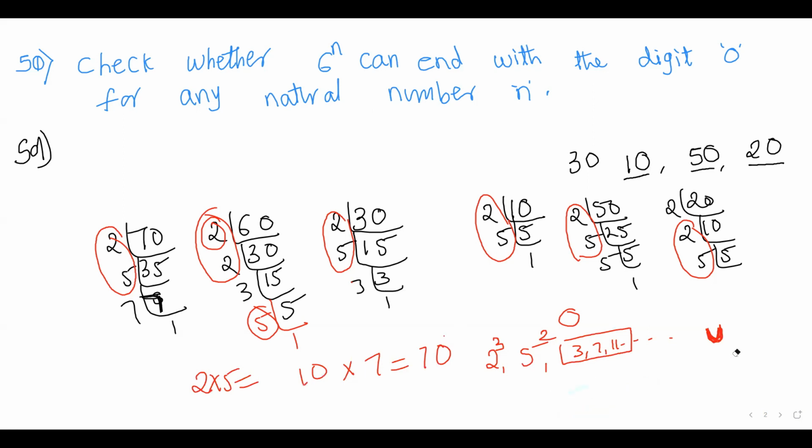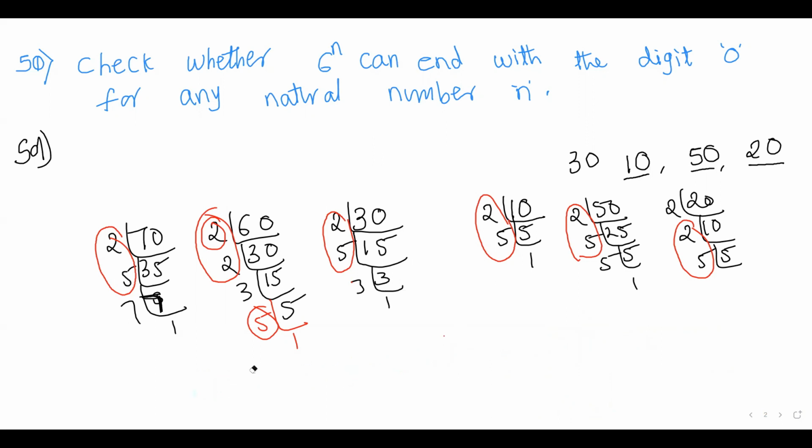So till now we came to know that every number which is ending with 0 will have 2 and 5 as prime factors. Apart from this, any number ending with 0, you can take any example. For our convenience, I am taking smaller numbers.